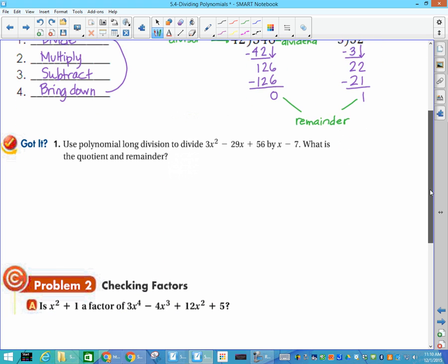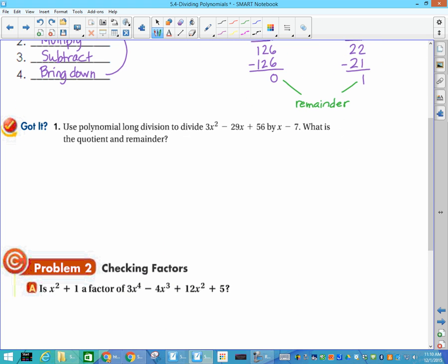Use polynomial division to divide 3x squared minus 29x plus 56 by x minus 7. What is the quotient and what is the remainder? Okay, so when you're doing this problem, please make sure to line up your like terms, and you're going to see that as I go through.